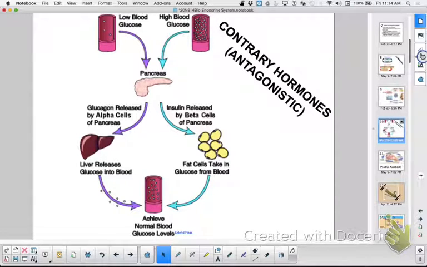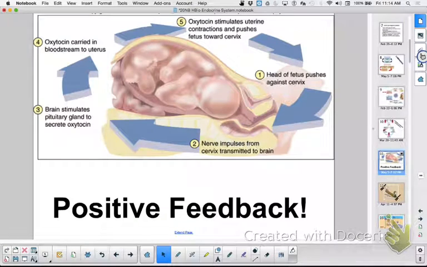Okay, let's look at an example of positive feedback. There aren't too many in the body. One of them, though, is childbirth. This comes much later in life. Your uterus, if you have one, will contract. Super fun. And it pushes the baby's head against your cervix. And your cervix detects that, and it sends nerve impulses to your brain to let you know that your cervix is getting pushed on.